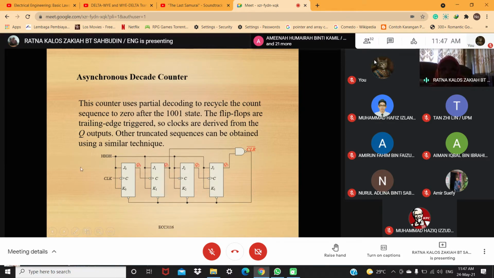Okay, so if you look at here, Q1 is connected to NAND gate. Okay, and then Q3 connected to the NAND gate.